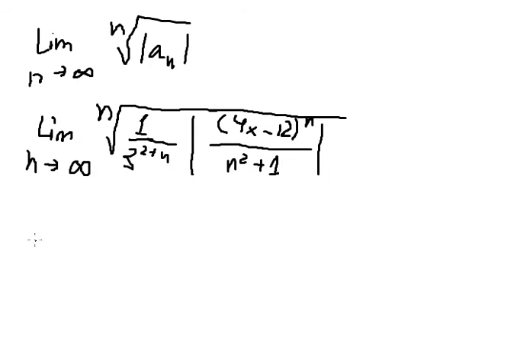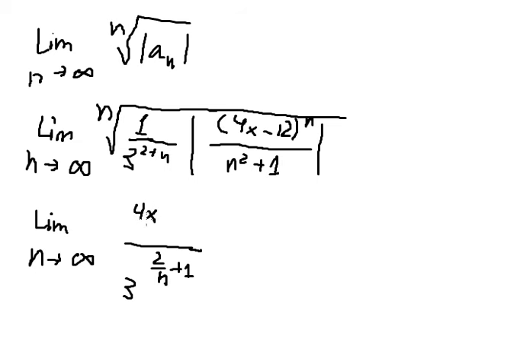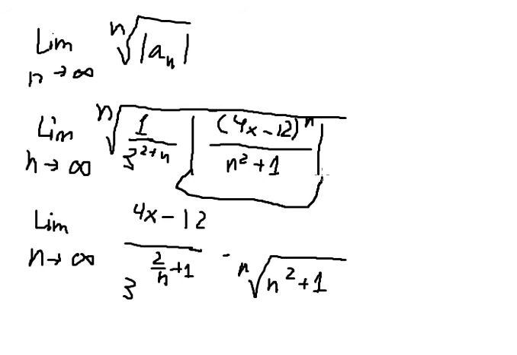With the nth root, we can simplify like this. 2 plus n divided by n, you get 3 to the power of 2 over n plus 1. This one you get 4x minus 12. Because n divided by n, we cancel the root. And the last one, we have this one. Because n squared provides a positive number, we need to cancel the absolute value.